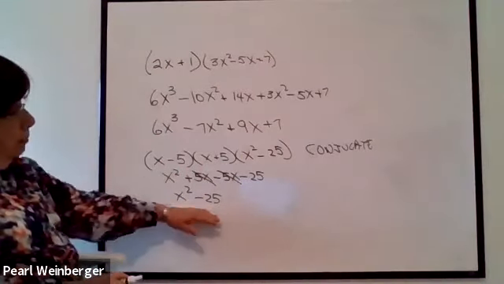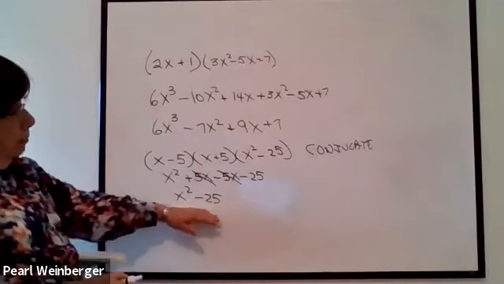Notice we're now multiplying these two binomials. We now want to multiply the third thing. I now want to multiply it by this third binomial, which happens to be x squared minus 25. Now, these two are not conjugates because they are actually identical.